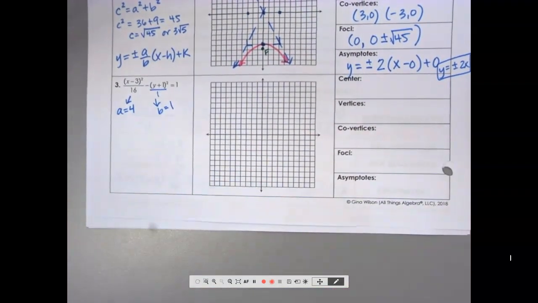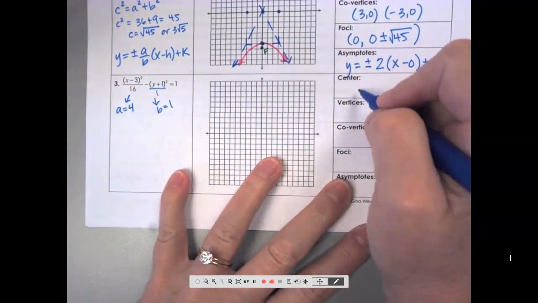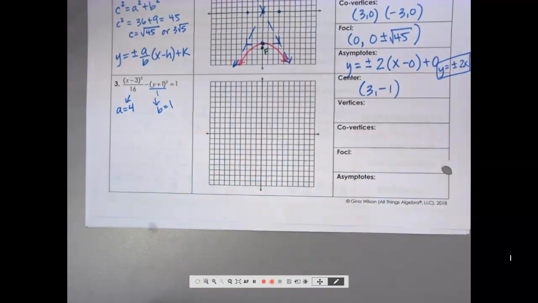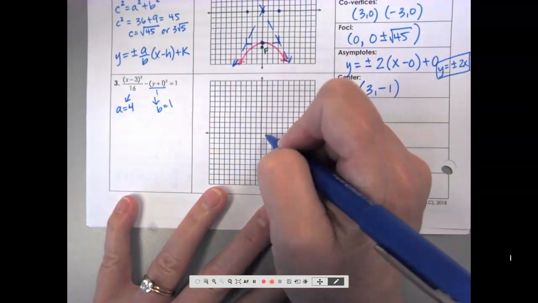Okay, what's the center of this one? Anybody? 3, -1. 3, -1. Just like with the circles and the ellipse, we're taking the opposite of that coordinate there. Okay, so let's graph. 3, -1.